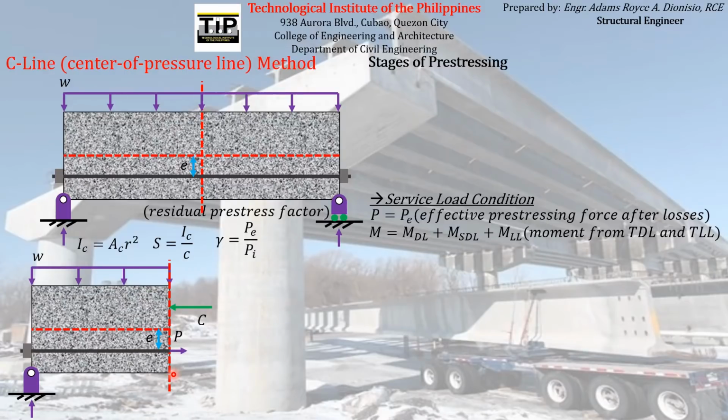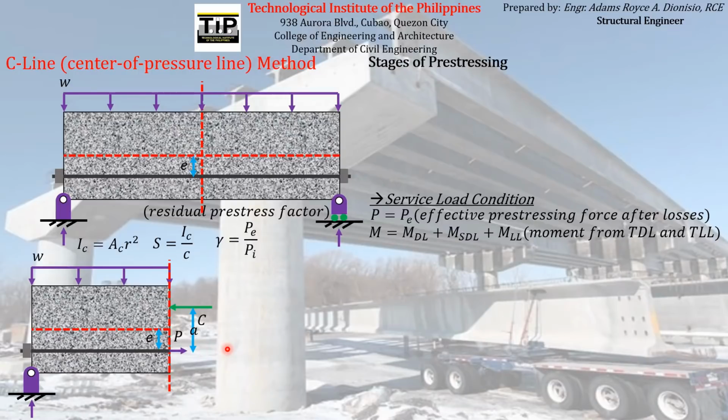So let us just say that the single compressive force, the total compressive force acting on the concrete element, is at a distance A from the pre-stressing reinforcement, or from the line of action of the pre-stressing force acting on the pre-stressing reinforcement.